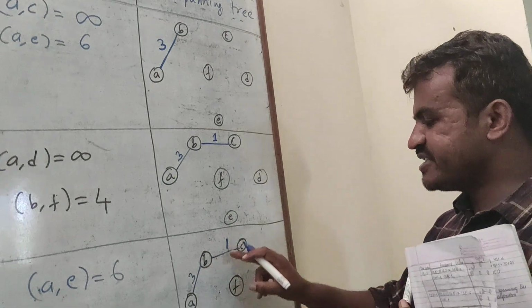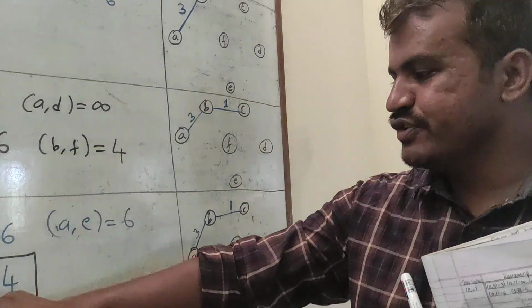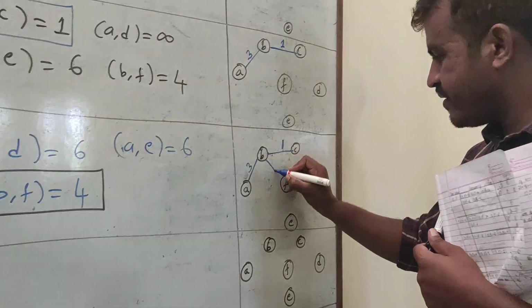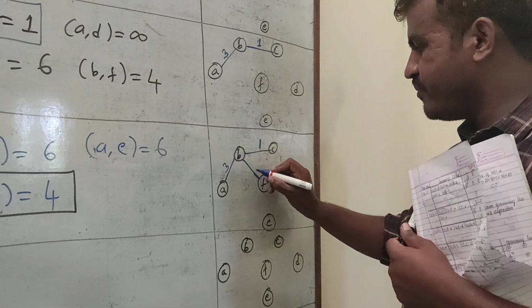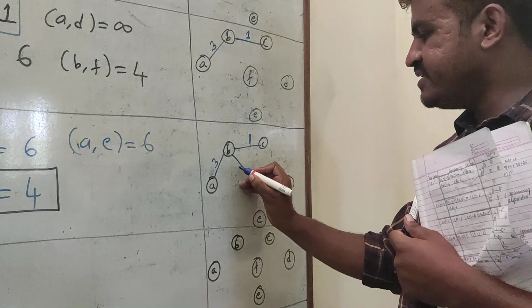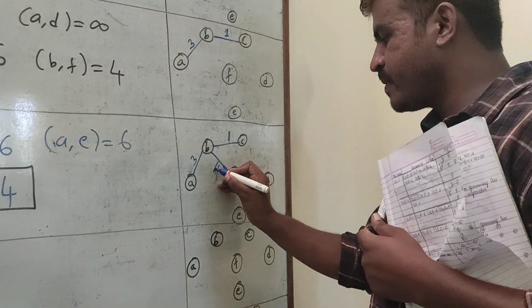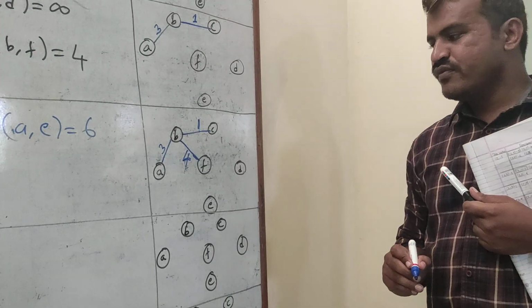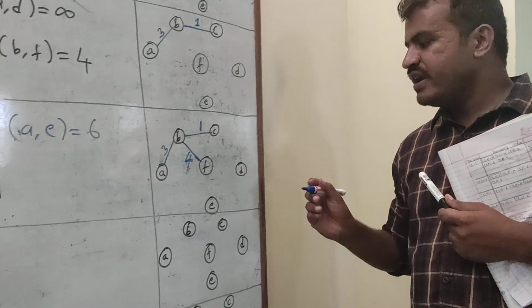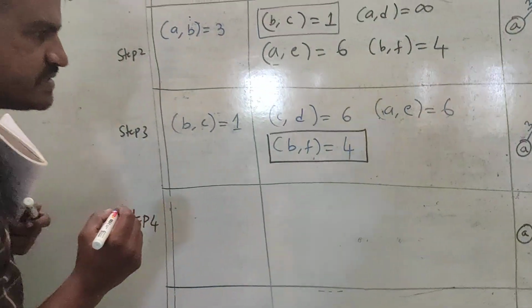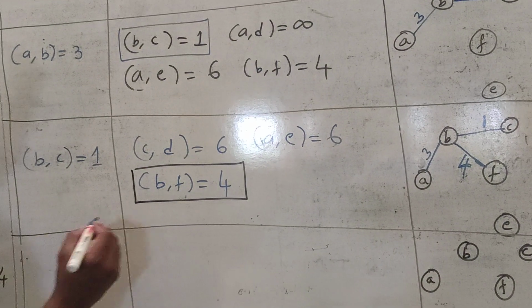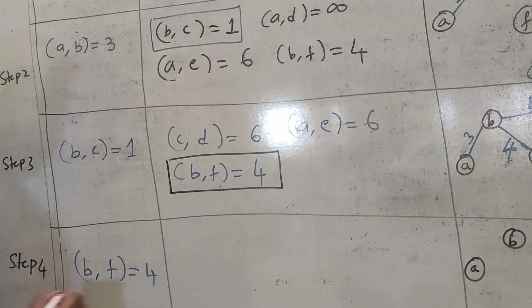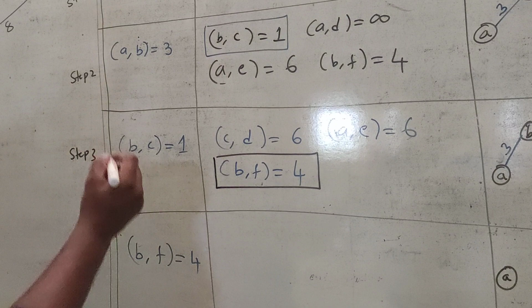Rewrite the connections. In step 3, there is a new connection, B to F. It is 4. Okay, you write this is B to F, 4. Then F is also visited.